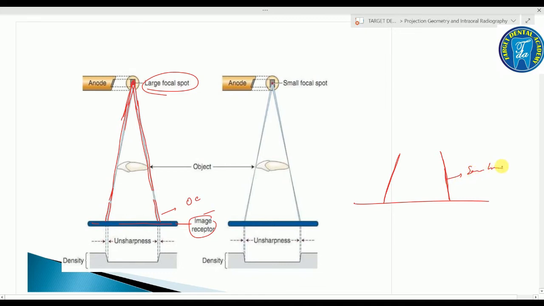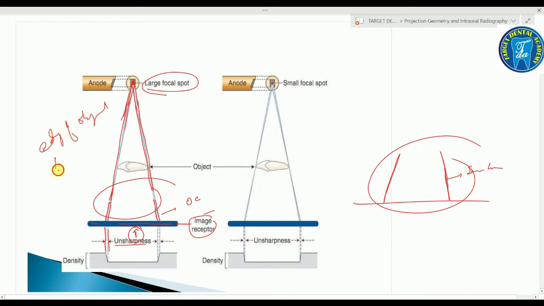So this is the result: the point of unsharpness increases. When the unsharpness increases, the edge of the object gets blurred.